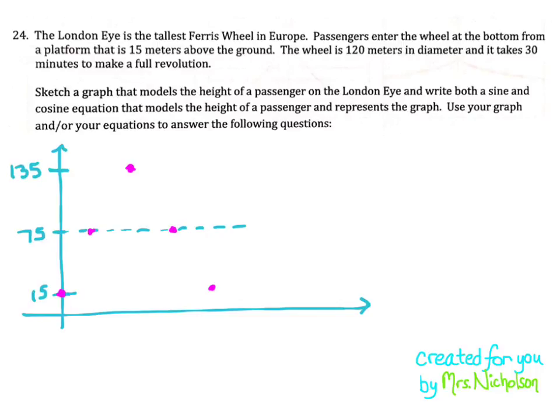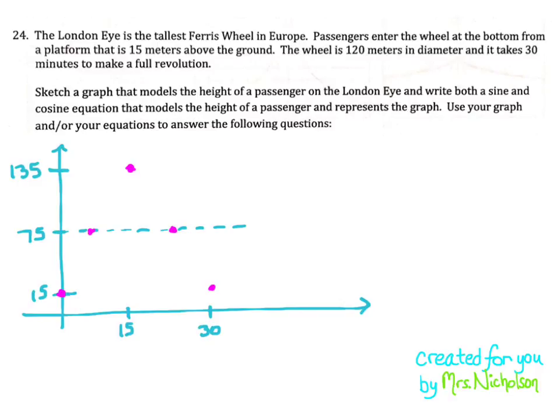Now we need to label the x-axis. They told us that the ride takes 30 minutes. It takes 30 minutes to go all the way around. And so that means that we're going to finish that ride in 30 minutes. That means that the maximum is going to occur halfway into that ride at 15 minutes.